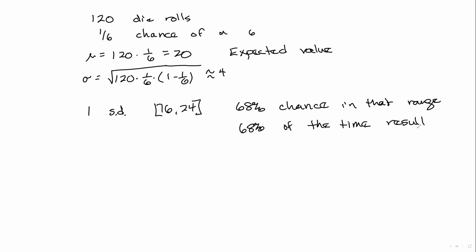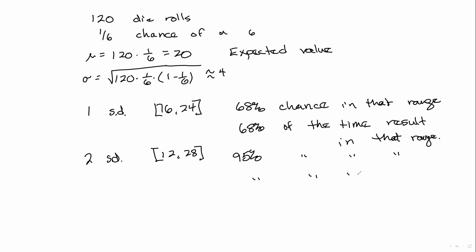These are the same. And you could do 2 standard deviations, and then we would get from 12 to 28, and that's going to be 95%, same thing. All right, so that's really cool.